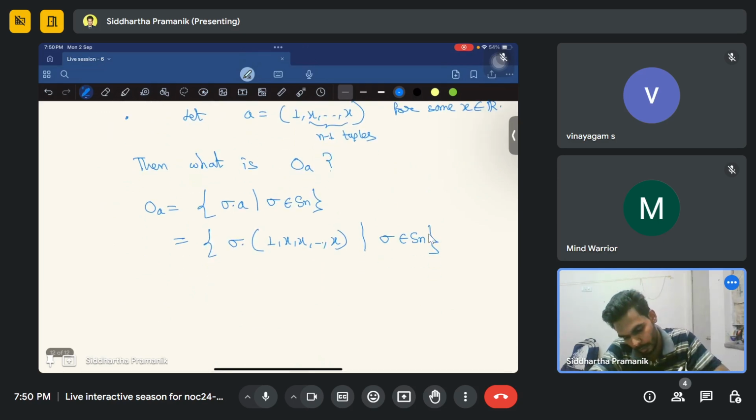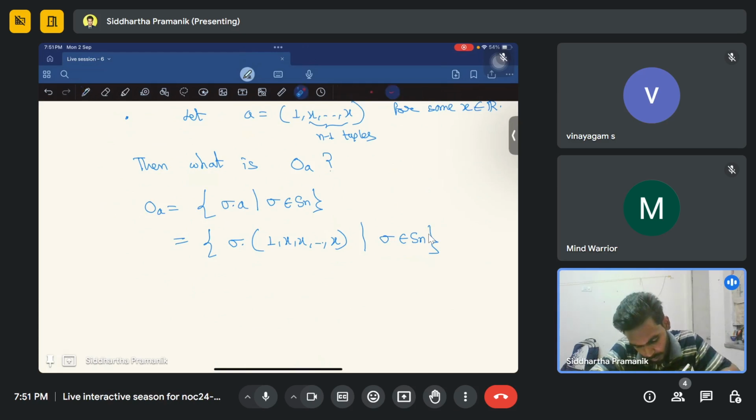So what are the elements in this orbit? So sigma just permutes the coordinates, right? It just interchanges the coordinates.